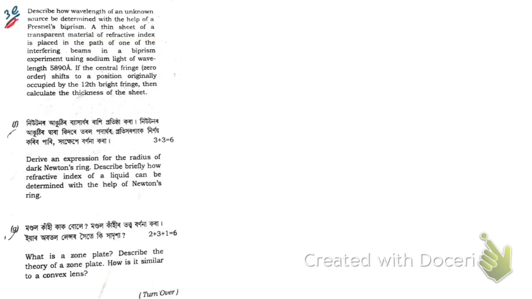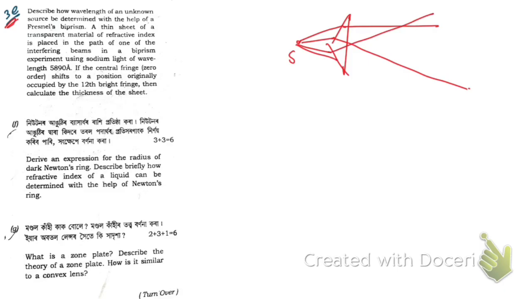Now you see in Fresnel's prism, this is the source. The light through the upper half is refracted downwards, and through the lower half is refracted upward like this.